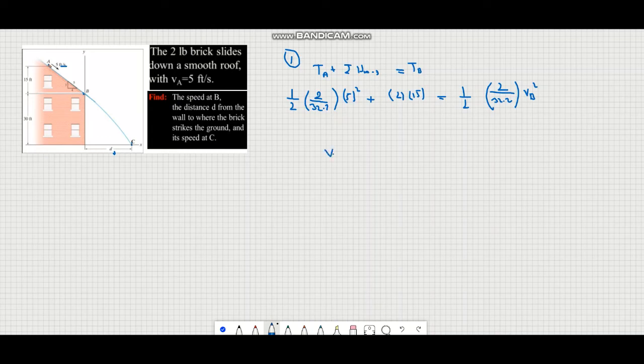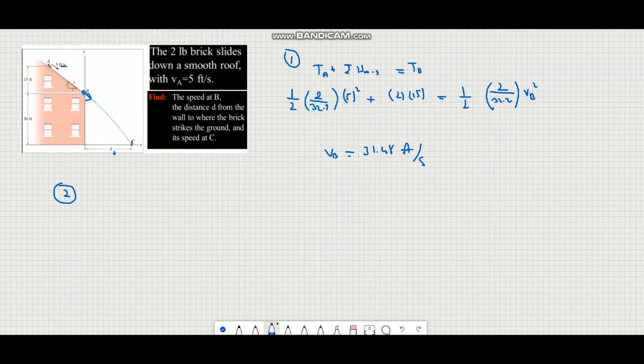If we make these calculations, you can find VB is 31.48 feet per second. From A it is 5. Right now we are here and the velocity is in this direction, and it's going to be 31.48.